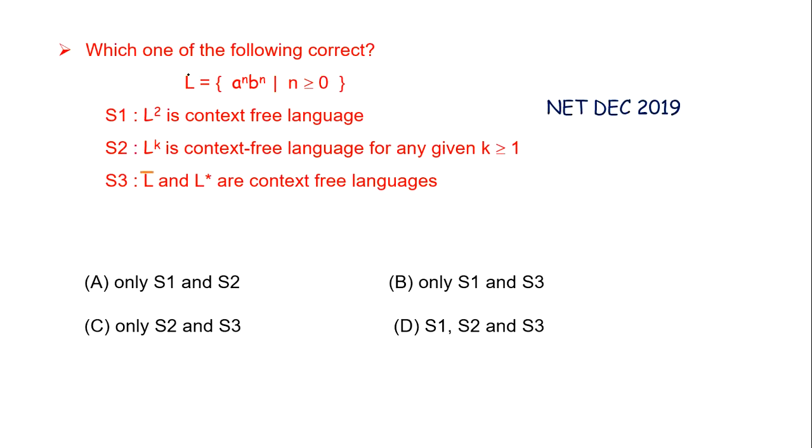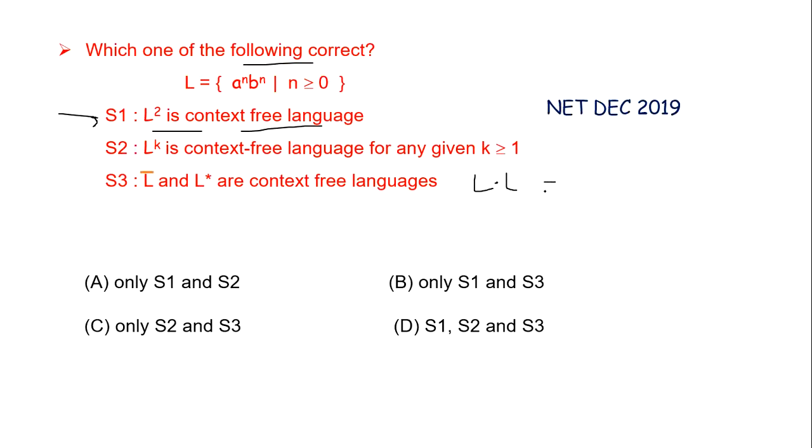Next question is, which one of the following is correct? L equals a raised to the power n, b raised to the power n, where n is greater than or equal to 0. Okay, this is our language given in the question. Statement 1 is, L square is a context-free language. Now let us see what L square will be. L square will be L into L, right?